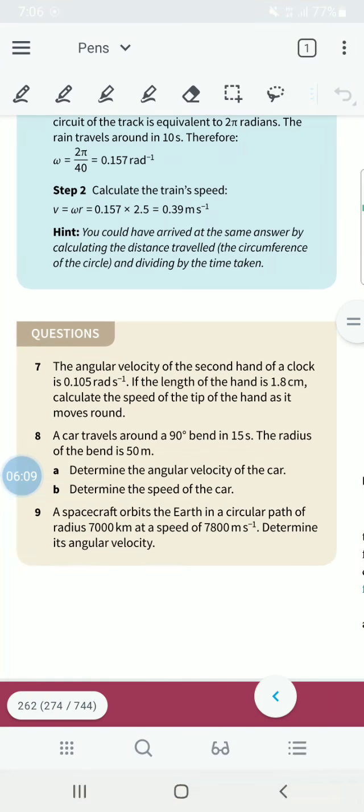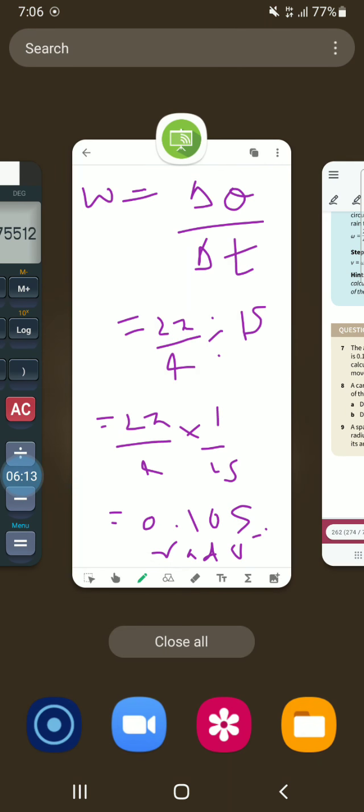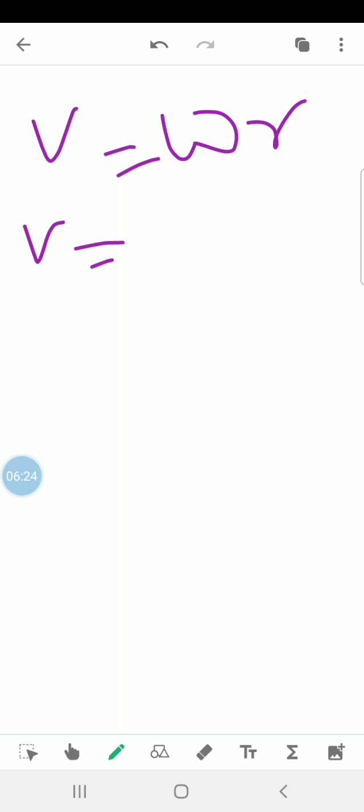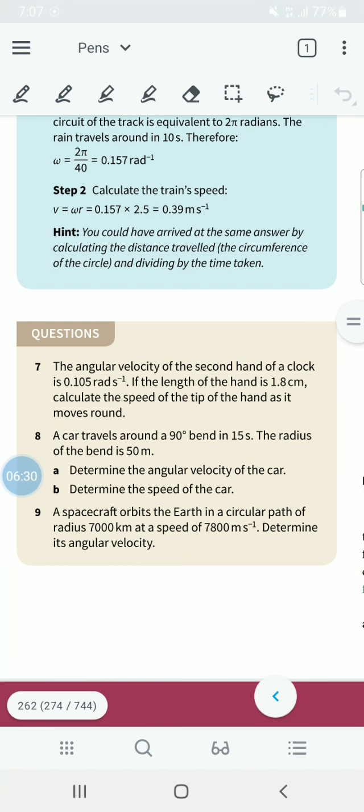What is part B? Determine the speed of the car. Now that is quite easy, because we know the equation: v equals omega r. Now we know omega is 0.105, multiplied by what is r then? The radius of the bend is 50 meters.